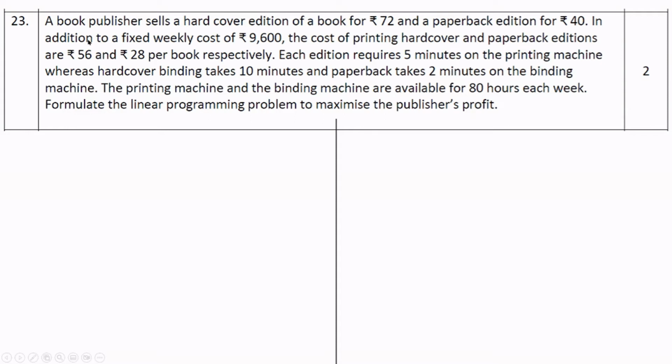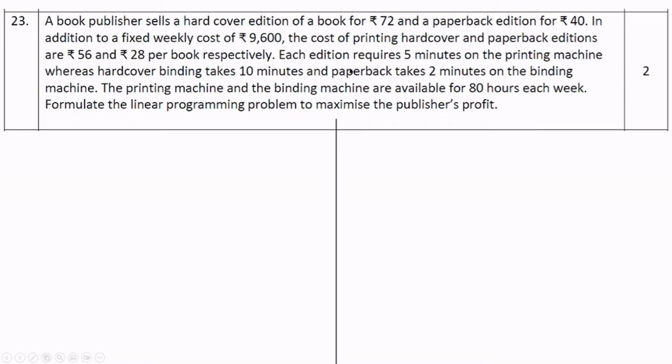So here we can see that a book publisher sells two types of editions. One is hardcover and the other one is paperback. He sells it for rupees 72 and rupees 40 respectively. And then the fixed cost is rupees 9,600 and the cost of printing hardcover is rupees 56 and paperback is rupees 28 per book.